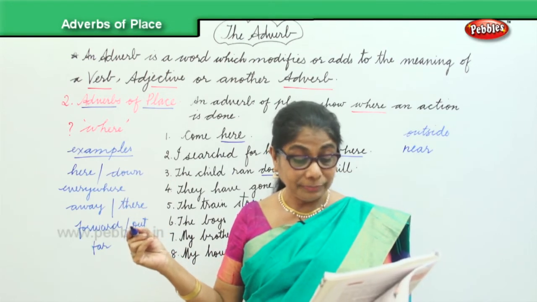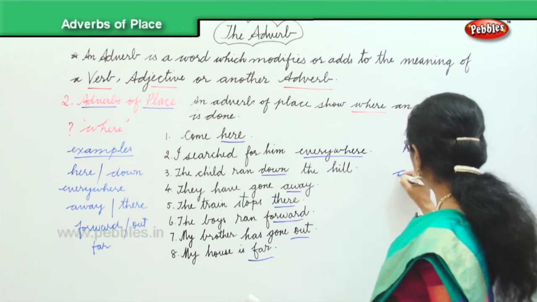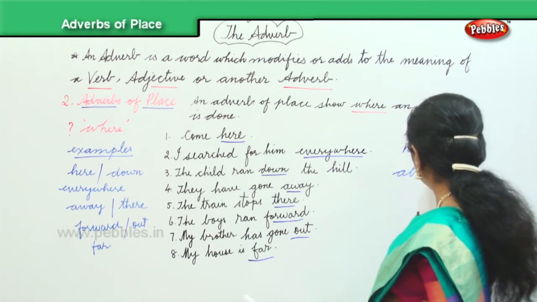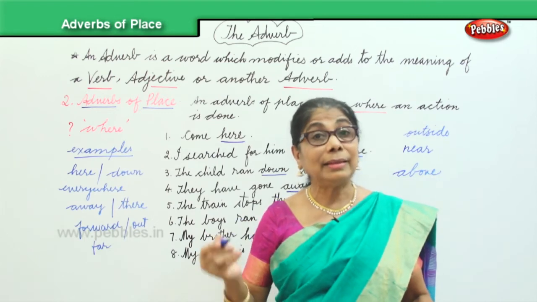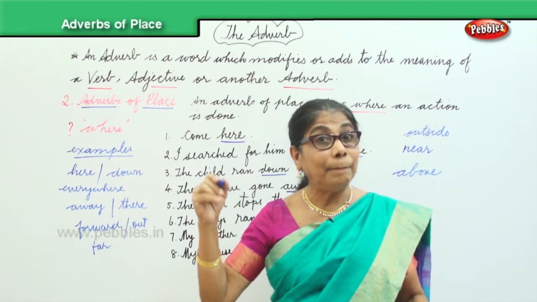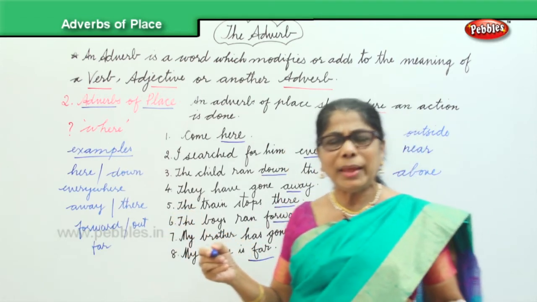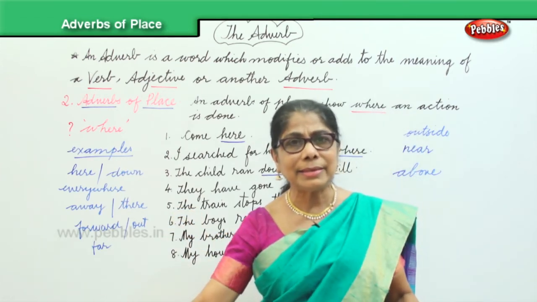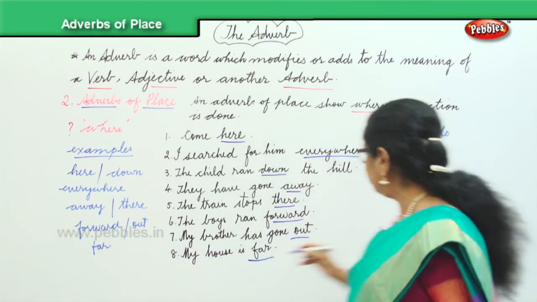Now, above. Where is the kite? The kite is flying above the tree. Below. Where is the cat? The cat is sitting below the table.